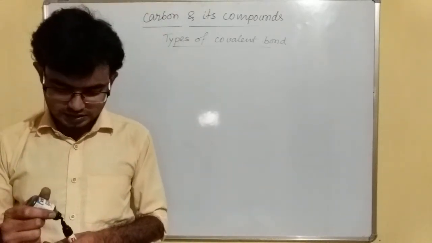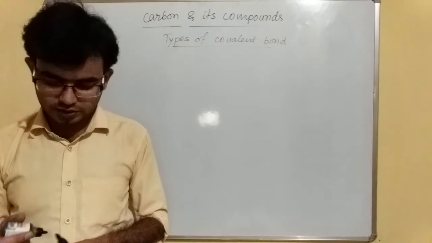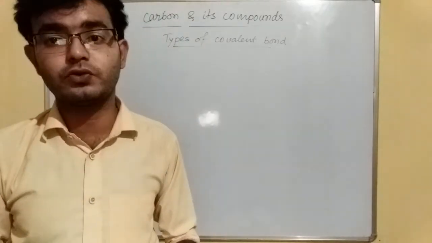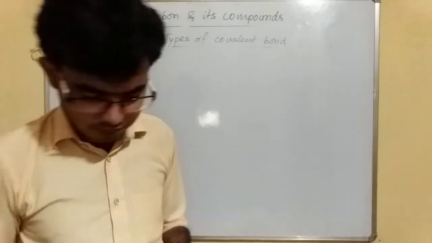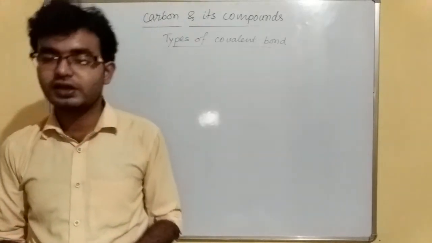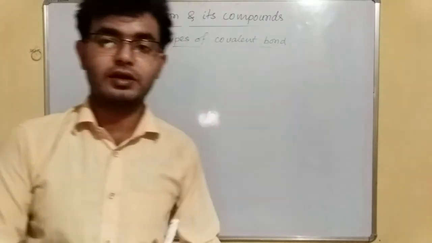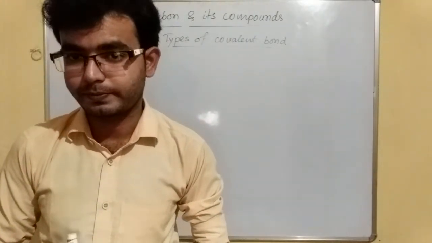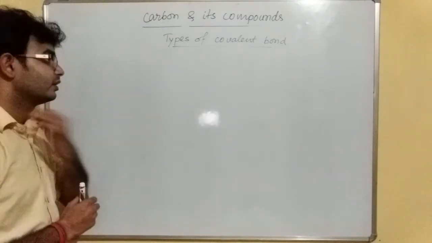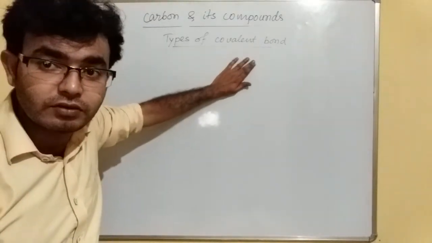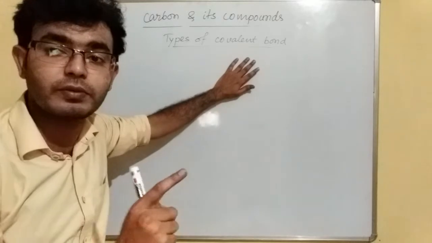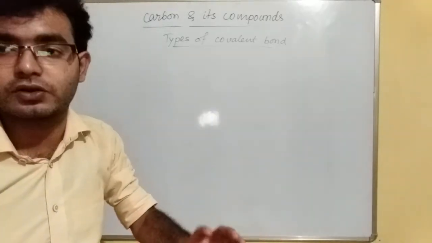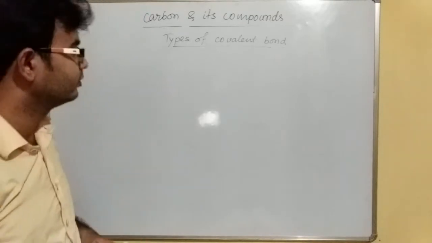There are 3 types of covalent bond on the basis of the number of electron pairs shared by 2 atoms. 2 एटम कितने इलेक्ट्रॉन पेयर को शेयर कर रहा है, उसके ऊपर बेस करके कोवैलेंट बॉन्ड को 3 कैटेगरी में डिवाइड किया जाता है. Let us discuss about it. The basis is the number of electron pairs shared in between 2 atoms.